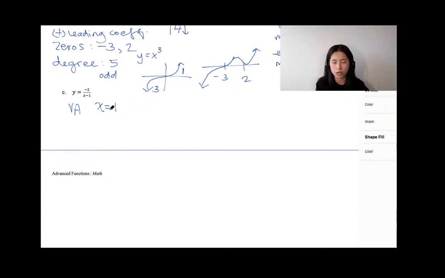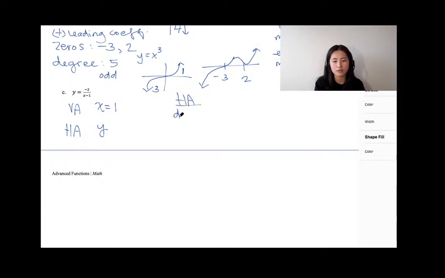And what about your horizontal asymptote? For the horizontal asymptote, you're now looking at y, right? But for y, you first have to figure out the degree of your numerator versus the degree of your denominator. Again, you have to assess whether the degree of your numerator is less than, equal to, or greater than the degree of your denominator. Okay, so here are the conditions for horizontal asymptotes.